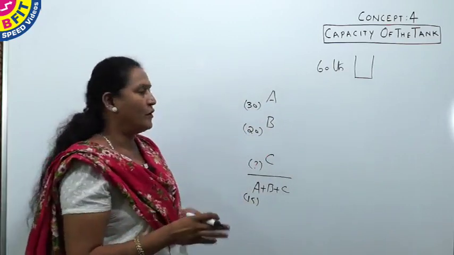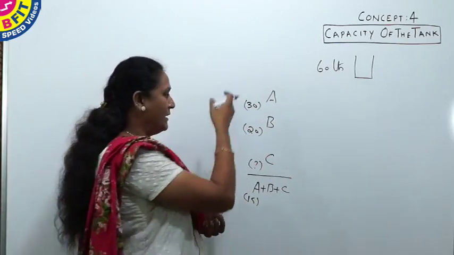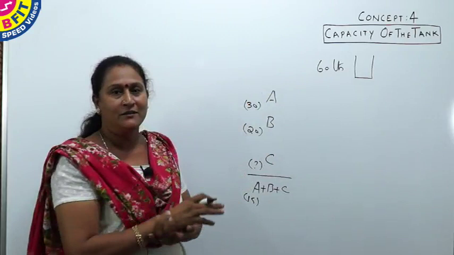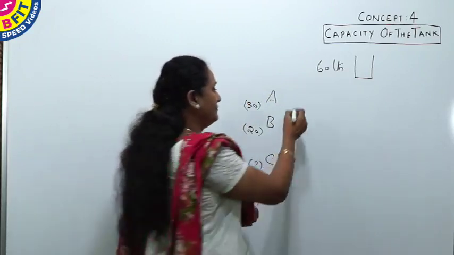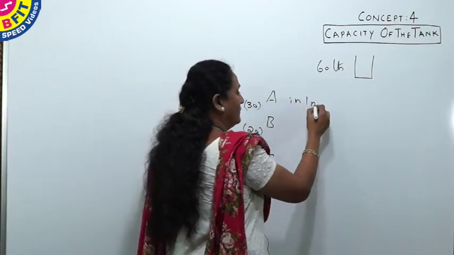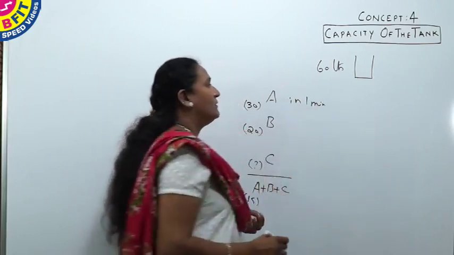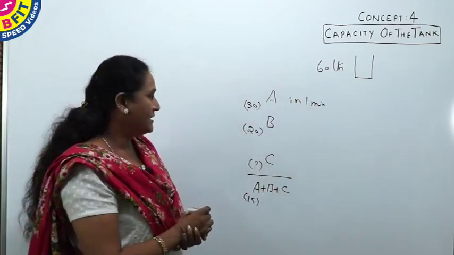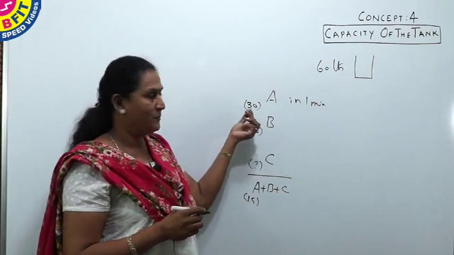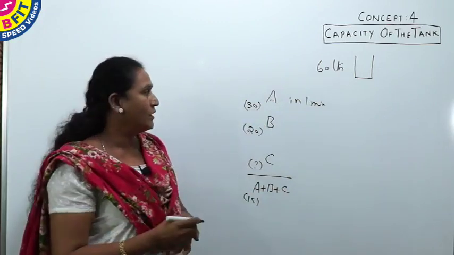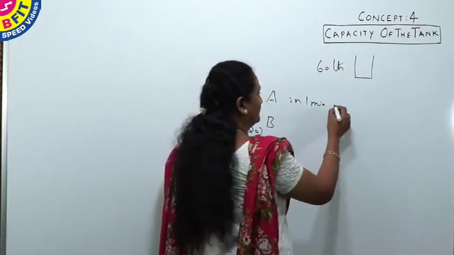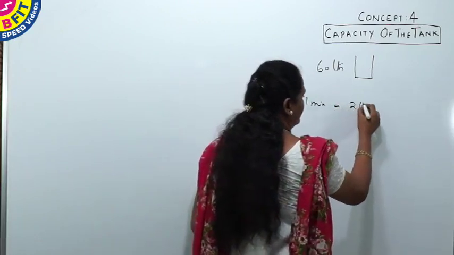Now we'll follow the same working, that is, the work done by A, B and all the 3 pipes. If the capacity is 60 liters and A can fill it in 30 minutes, in 1 minute how much water can A pour?